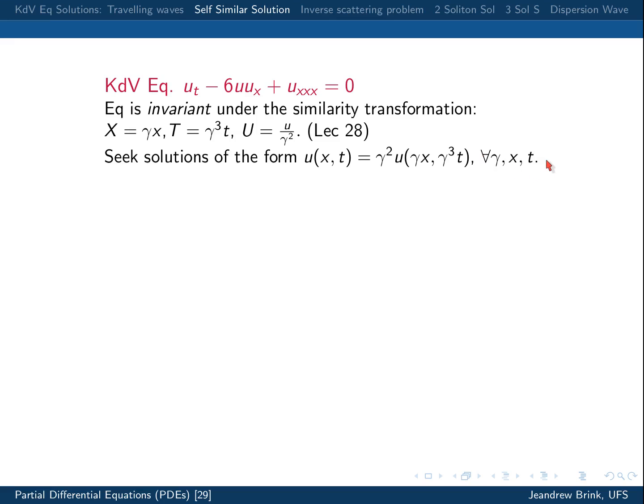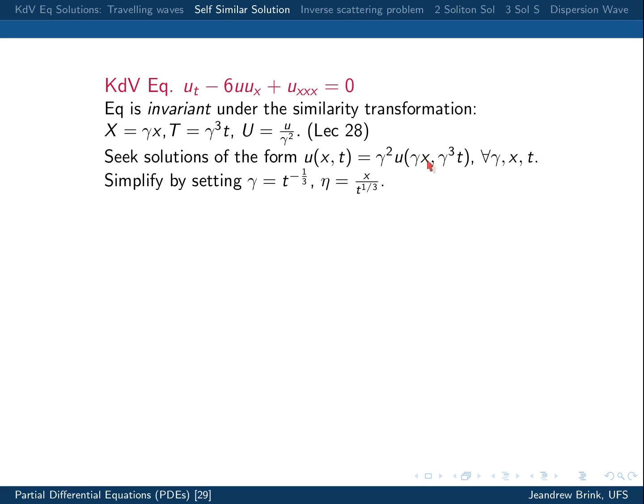We're simply going to simplify the problem by setting gamma equal to t to the minus 1 over 3. And if we do that, we're going to have to introduce another variable, which becomes the new independent variable, or the similarity variable in particular, and it's going to be x over t to the third.